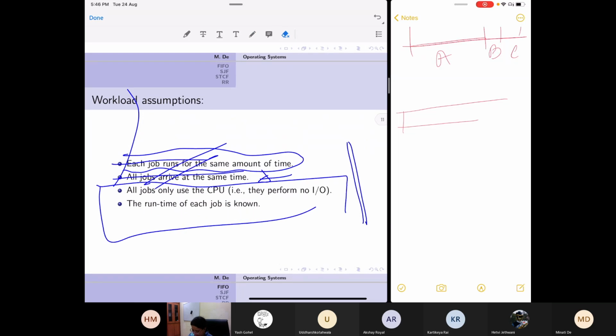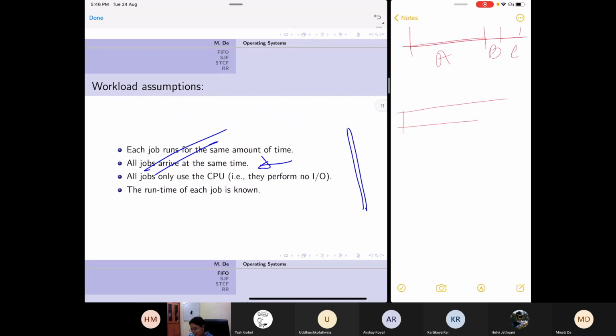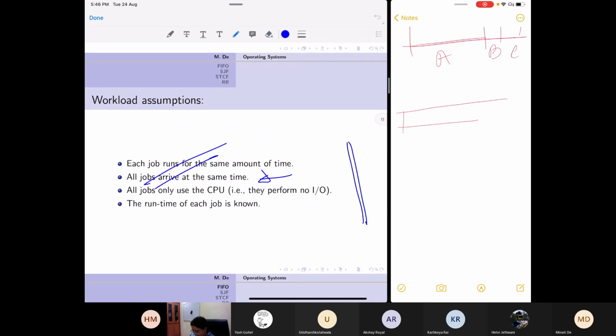We were assuming that all the jobs are CPU oriented jobs. Now let us remove this assumption. In other words, we might have some jobs which are performing IO. If that is the picture, now the question is how you are going to schedule them.